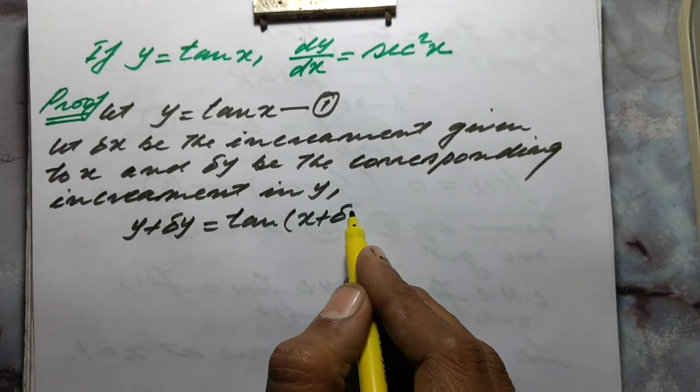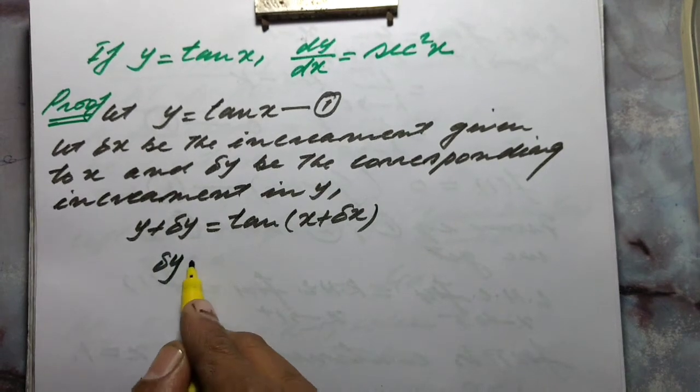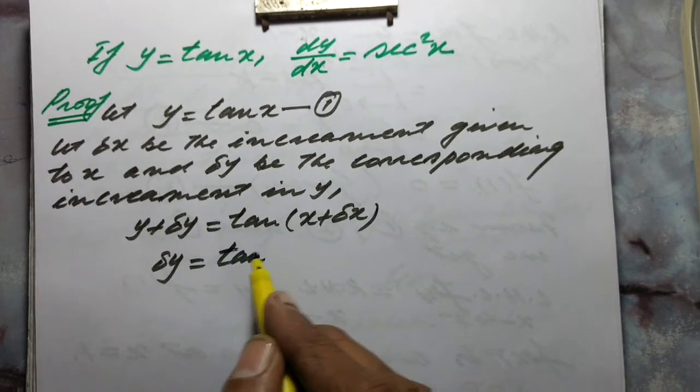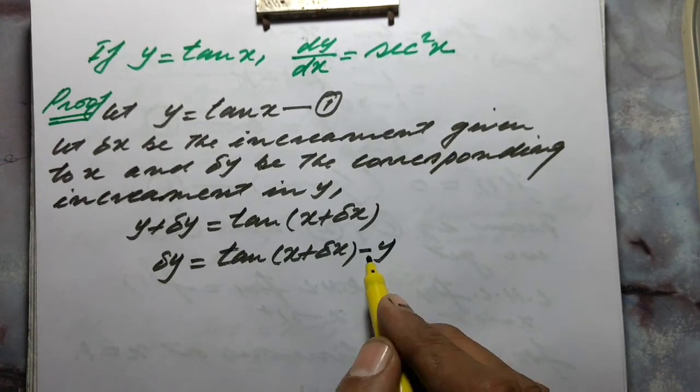Transposing y to the right hand side, we have delta y is equal to tan of x plus delta x minus y.